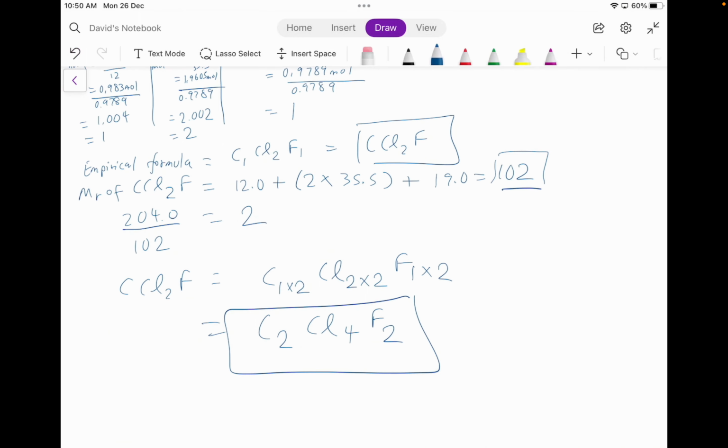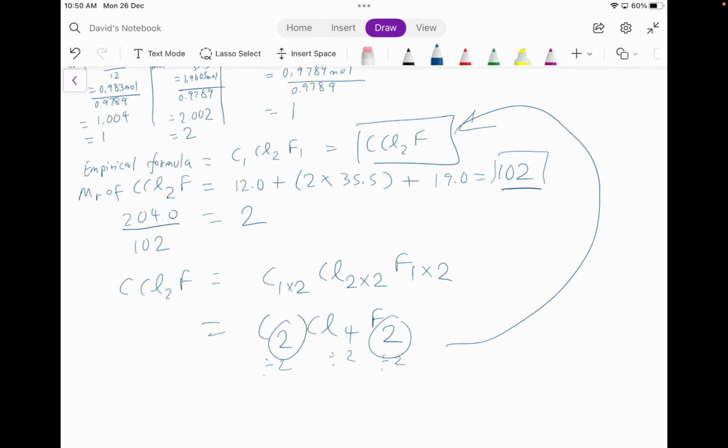Now how do you turn a molecular formula back into the empirical formula? Just divide it by the smallest number value. In this case, if you divide it all by 2, you get back to the empirical formula, so that's just to confirm whether our answer is right. So I'm just going to write it nicely here.